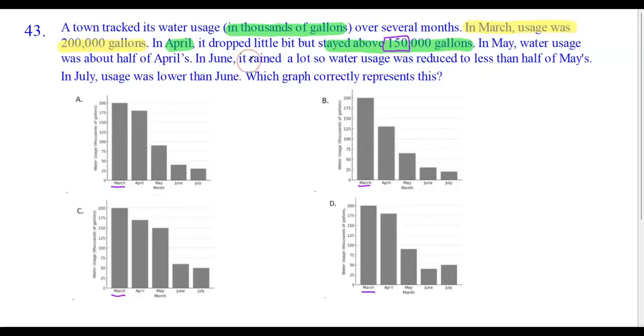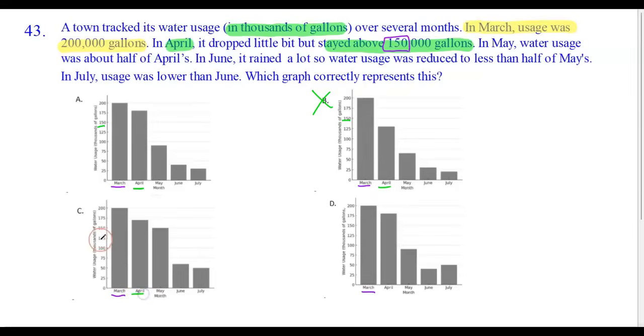So April has to be above 150. So let's look at April now. Here's April. Is this bar above 150? Yeah, it's higher than 150. 150 is right here and it goes above that. So keep A. What about B? Is B above 150? No, 150 is here. As you can see, the bar is lower than 150. So B's gone.